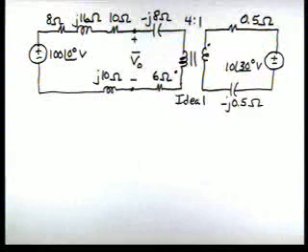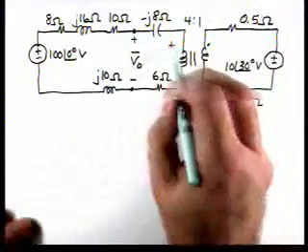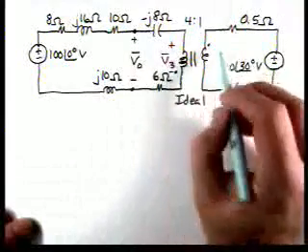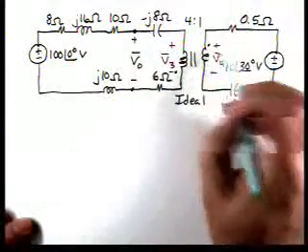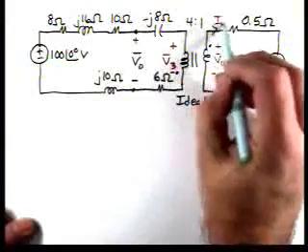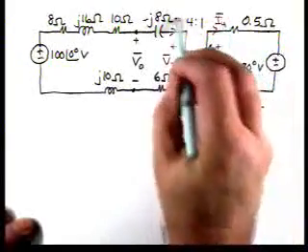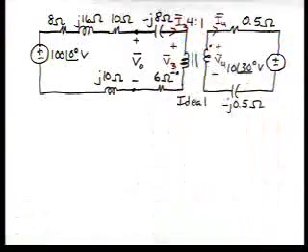And now we need to work on reflecting things through the other transformer. This time, again, we don't have any voltages or currents really defined, so we're free to define them how we choose. So I'm going to define voltages here, V3 and V4, and then currents I4 and I3.